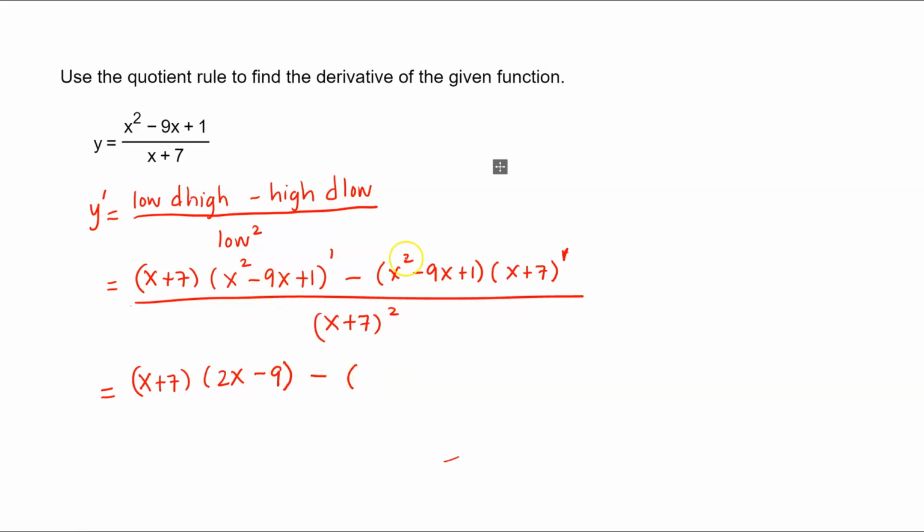Minus, and then you copy the expression here, x squared minus 9x plus 1 times the derivative of x plus 7, which is 1, divided by x plus 7 squared.